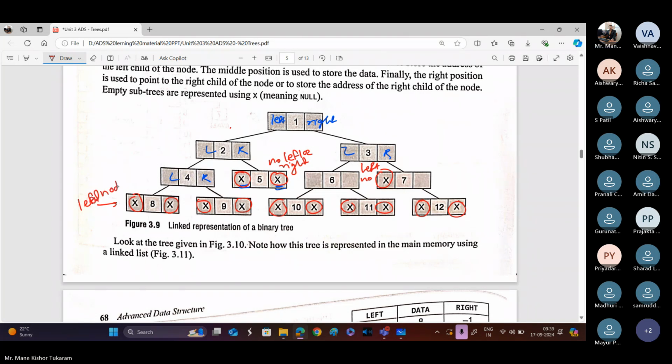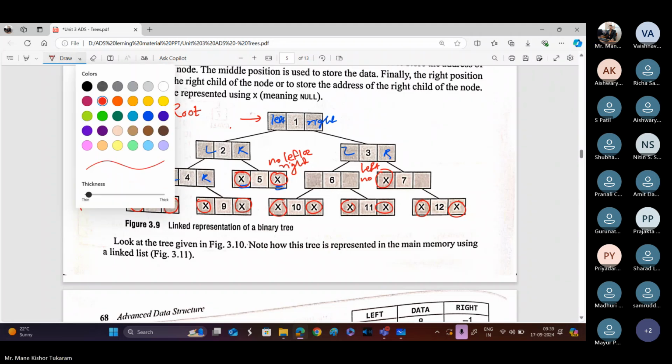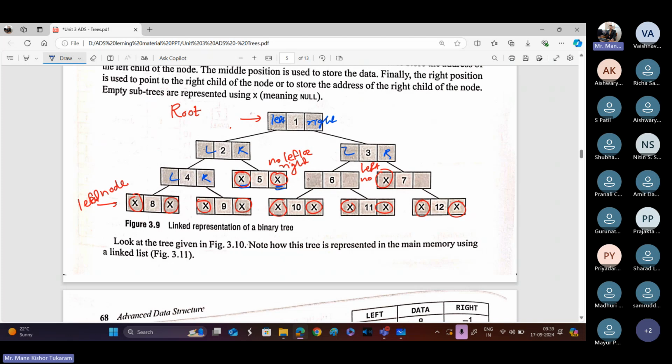And this is the root. Inside that again I have to write left, right. So this is the linked list representation of the particular binary tree.